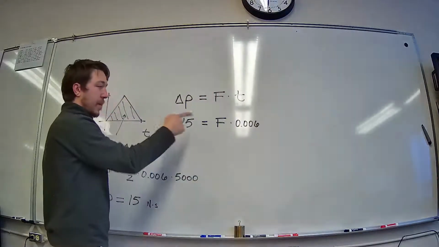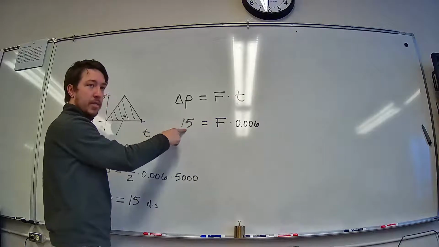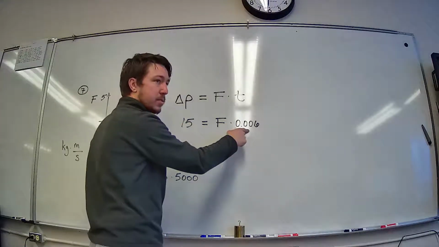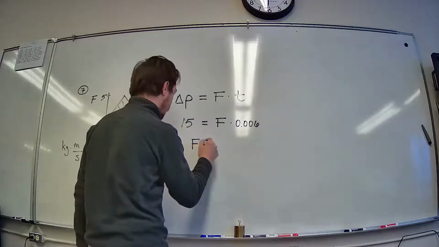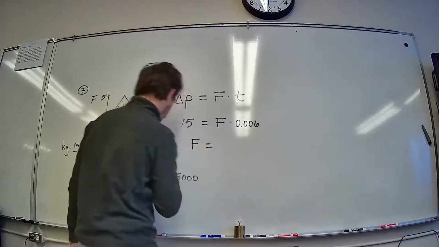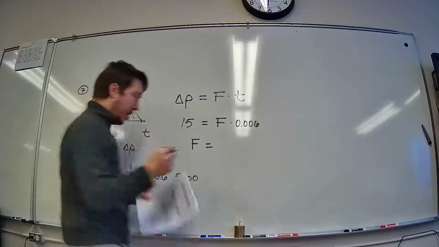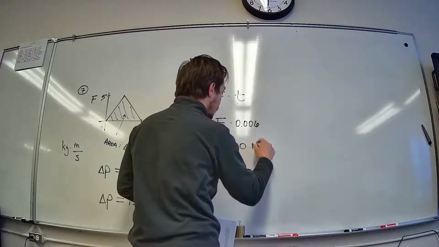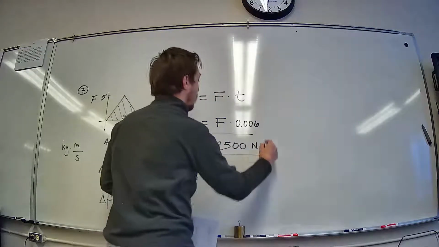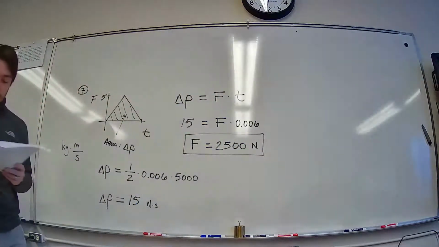So think about the units: newton-seconds divided by seconds will give you newtons, which is what we want. And that's going to be 2,500. So that's A, right? That would be the answer to A.